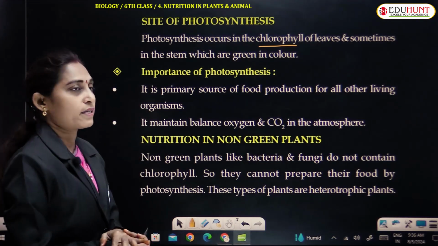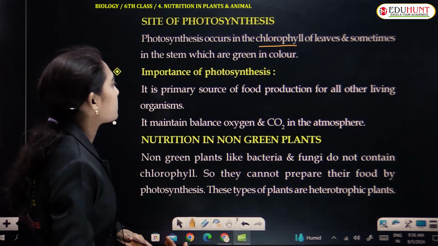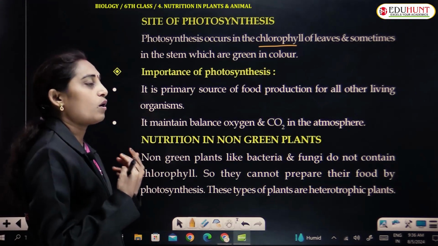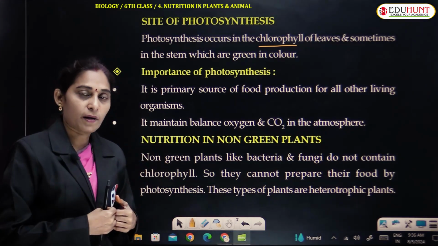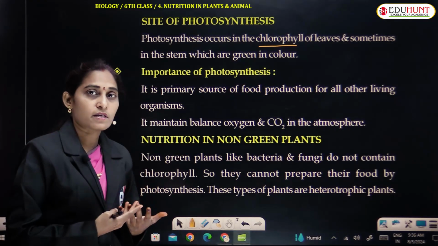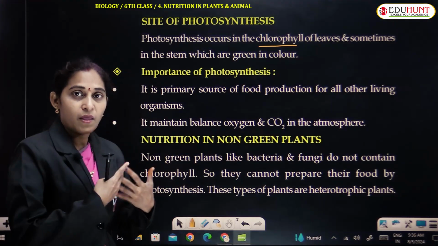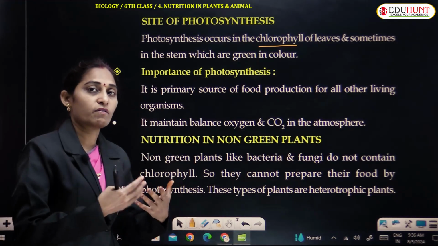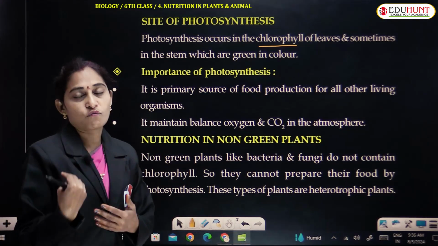What is the importance of photosynthesis? It is the primary source of food production for all living organisms, not only for plants, because plants act as producers. They act as a source of food for herbivores. Even herbivores act as food for carnivores.